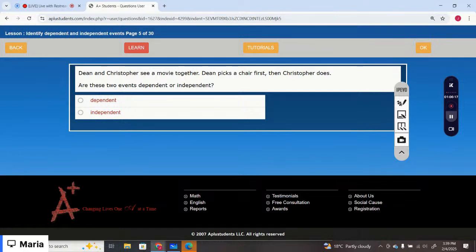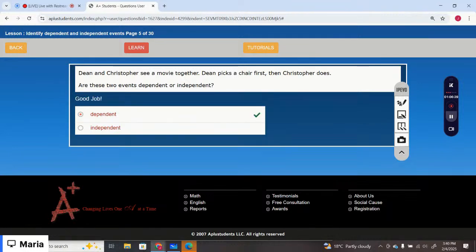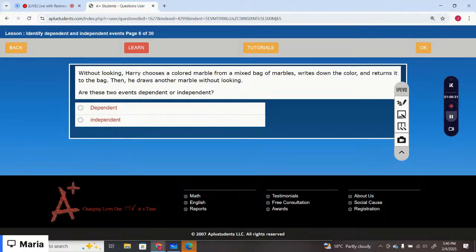They are the dependent events. The correct option is dependent because if Christopher selects the one for Dean, we have only one option. So they are the dependent events. Okay, you can complete the lesson by yourself later today.